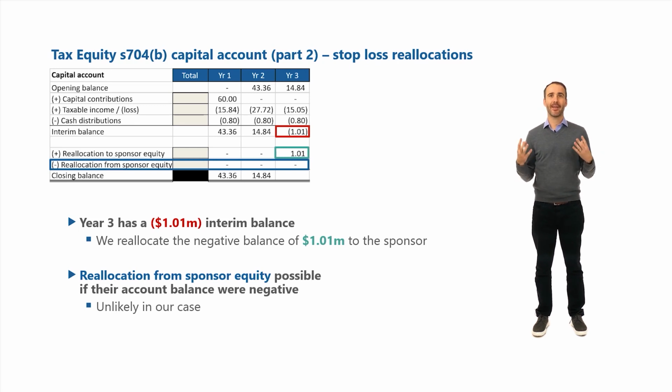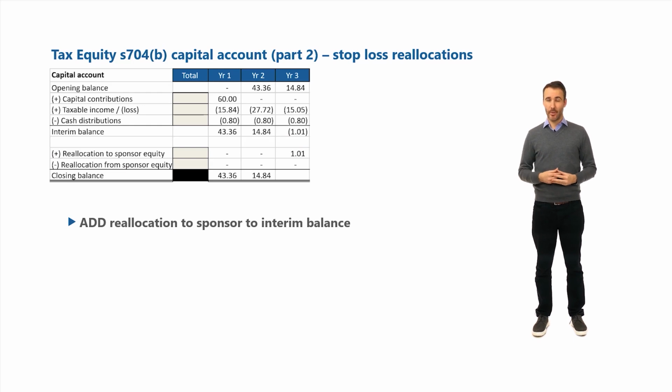Although this is really unlikely in our example, or mostly in practice, given the sponsor equity 704B capital account is so positive. The new closing balance is a negative 1.01 million plus the reallocation to sponsor equity of 1.01 million, and that equals 0. We have achieved the goal of a 0 closing balance.